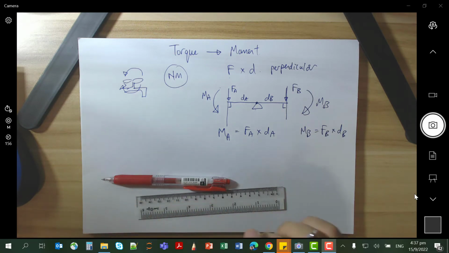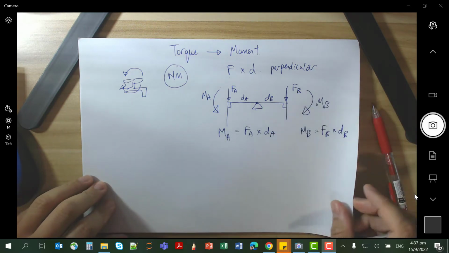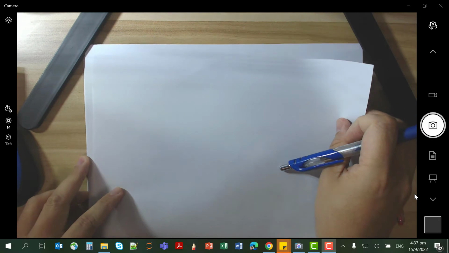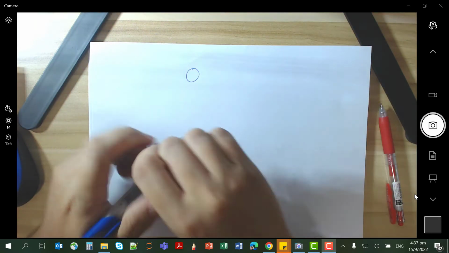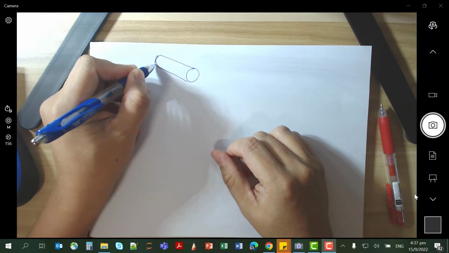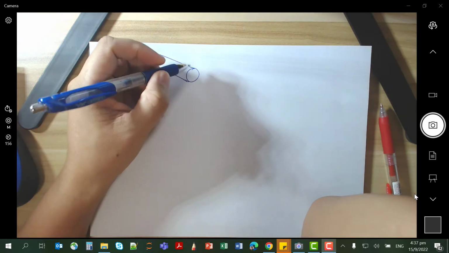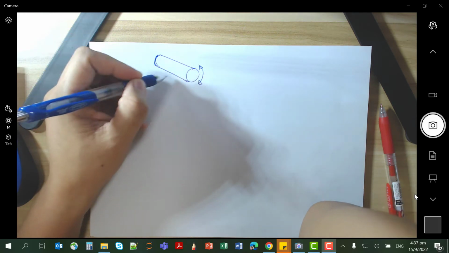Now we look at the typical questions that will come out in this topic. Usually you will see that it consists of some kind of a cylinder or a circular shaft being rotated either in the clockwise or anti-clockwise direction.